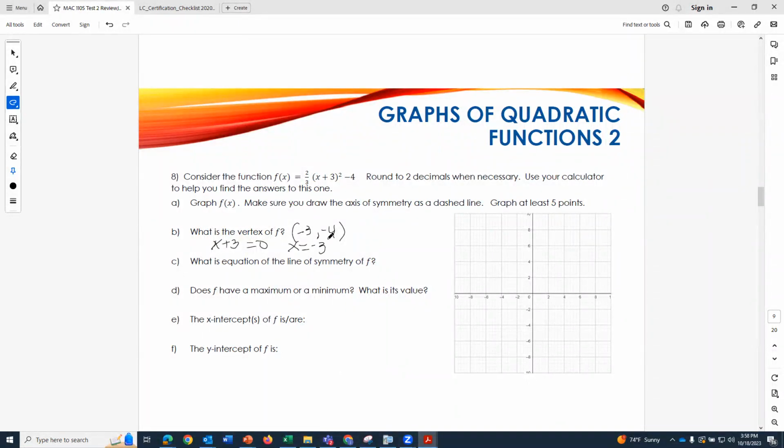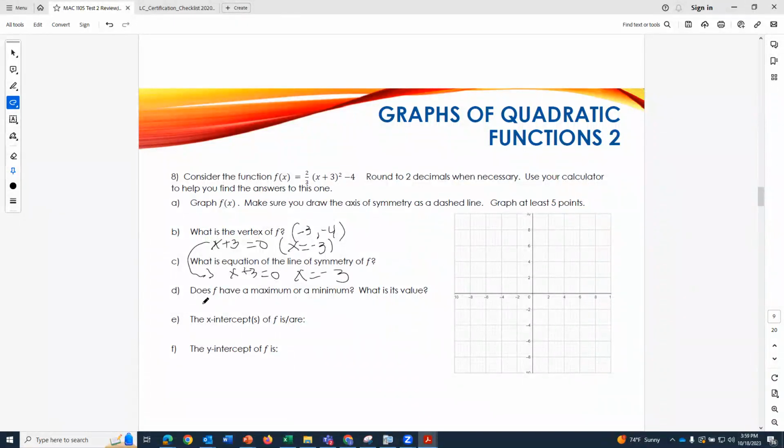And this is the axis of symmetry, x equals -3. It's x plus 3 equals 0. That means x equals -3.